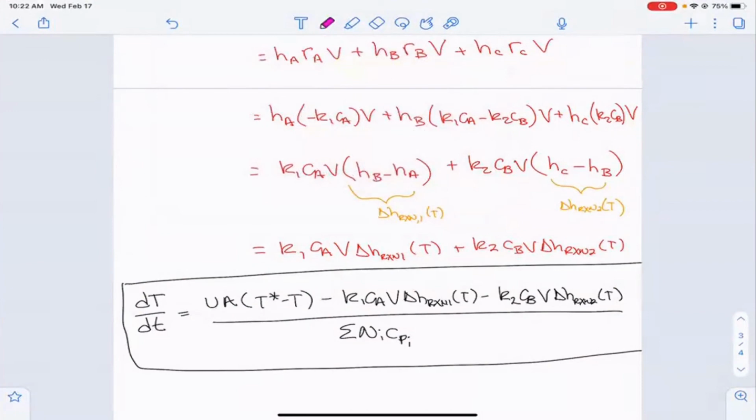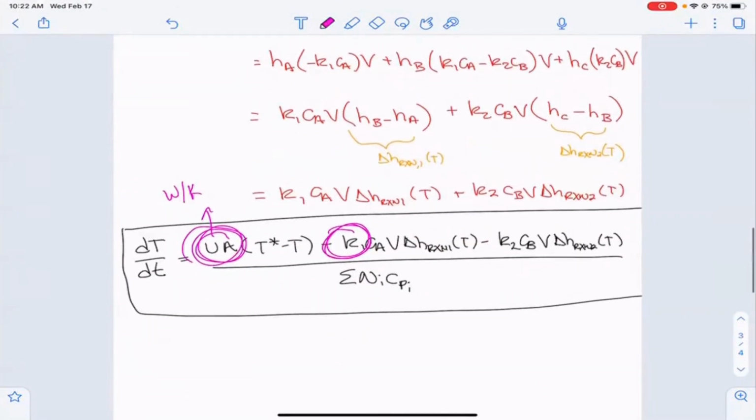Now, the warning I'll give you is units, and we talked about this before, that we're given one unit for the Ks here, and we're given a totally different unit for UA. So this is in watts per Kelvin, which is a joule per second Kelvin.